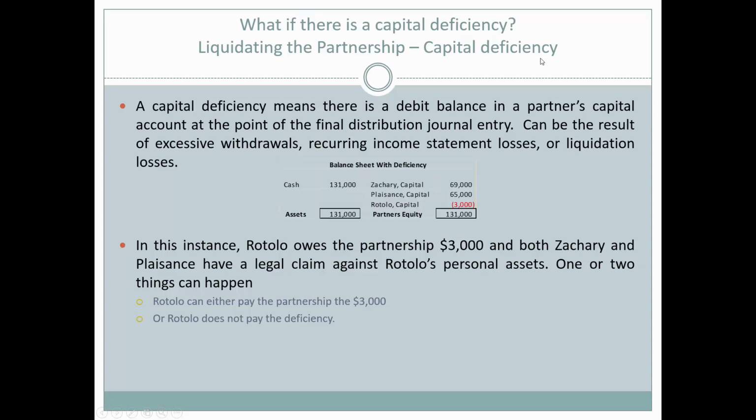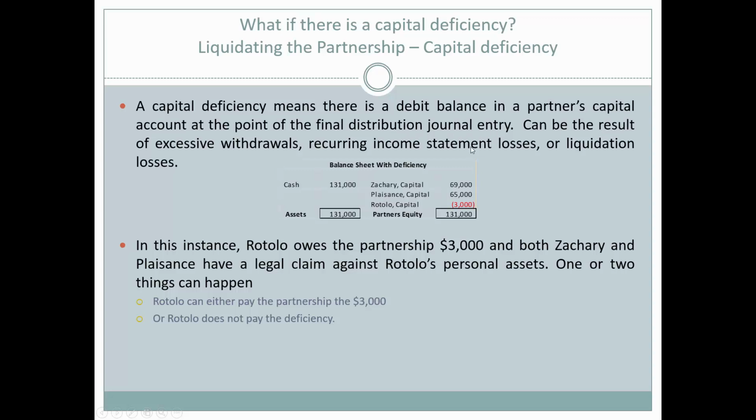Liquidating the partnership when there is a capital deficiency. In the previous example, there was no deficiency. Each one of the partners had a credit balance. Now, let's see what happens when one of the partners has a debit balance. A capital deficiency means there's a debit balance in the partner's capital account at the point of final distribution journal entry.